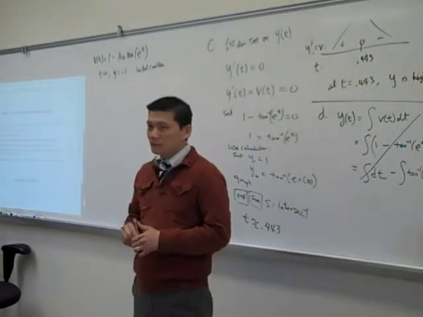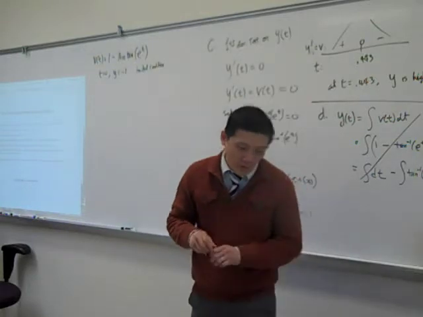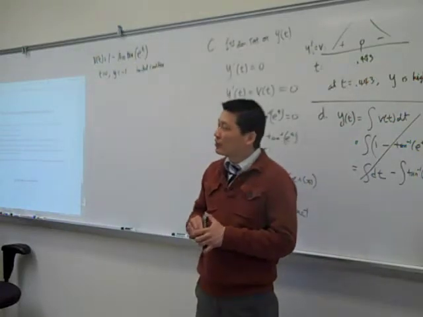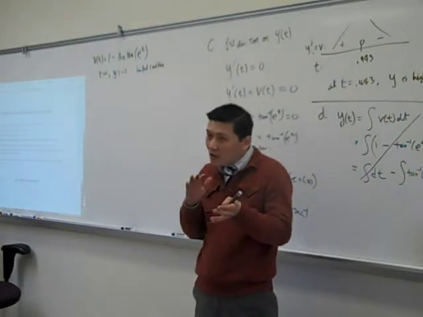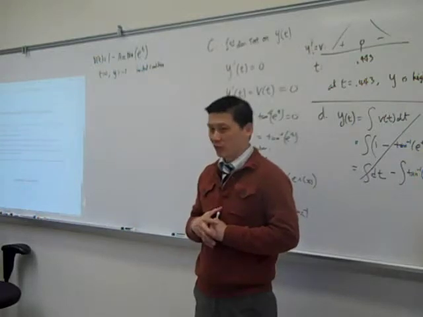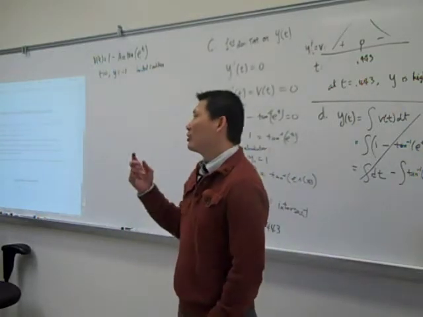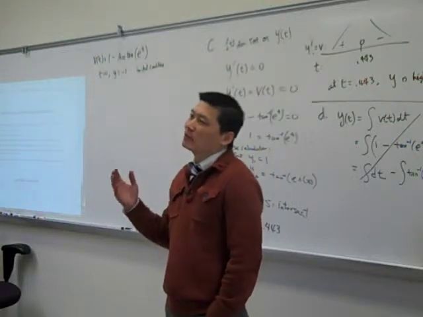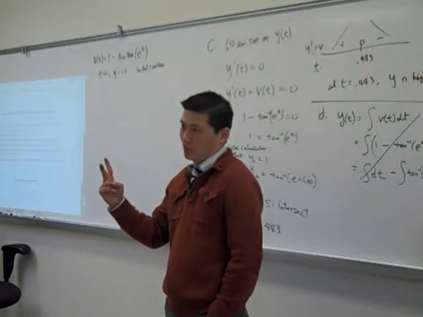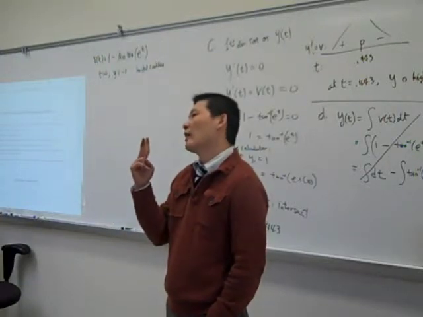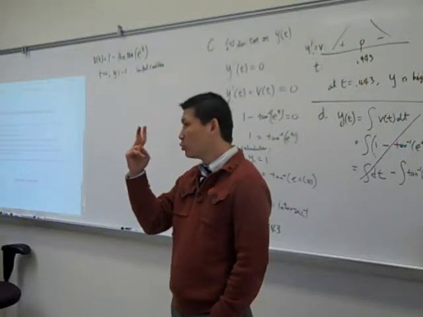Now, the position of the particle is basically the displacement of the particle away from the original position, right? Say, for example, my original position is at y equal to 3, and I'm displaced 2 units.